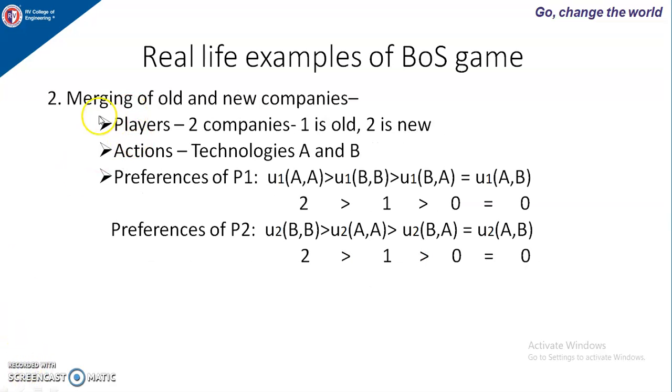Second real life example of BOS game will be merging of old and new companies. Here the players are two companies, one is the old company and two is the new company.